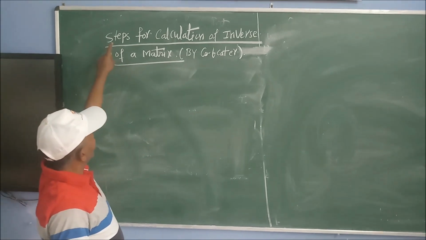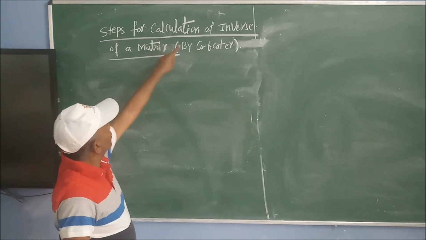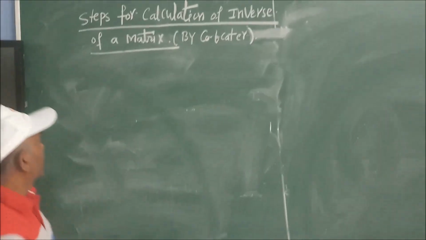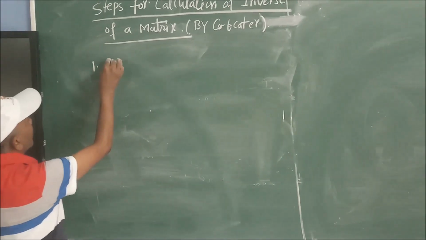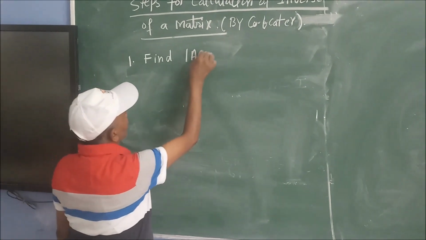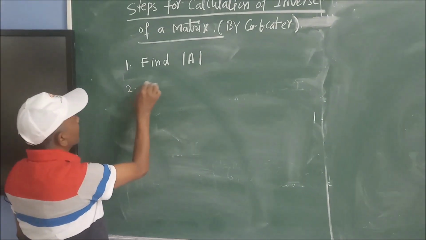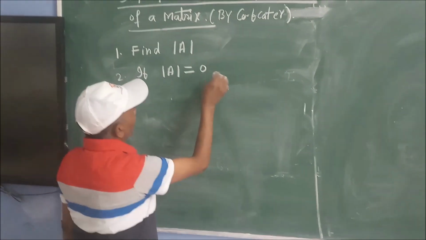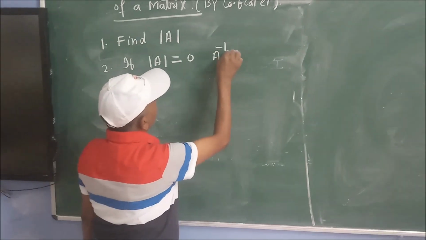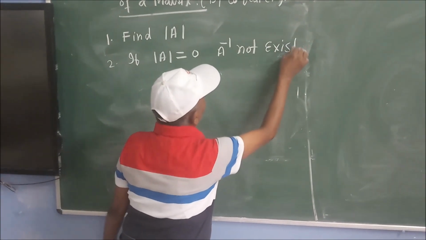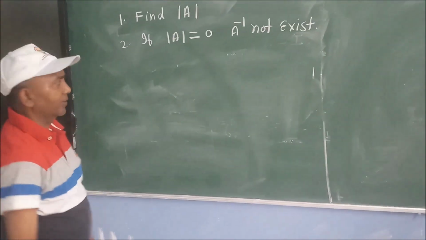Our next subtopic is steps for calculation of the inverse of a matrix if we use the cofactor. So first step is find determinant of A. Second, if determinant of A is equal to 0, A inverse does not exist, so we cannot calculate the value of inverse.